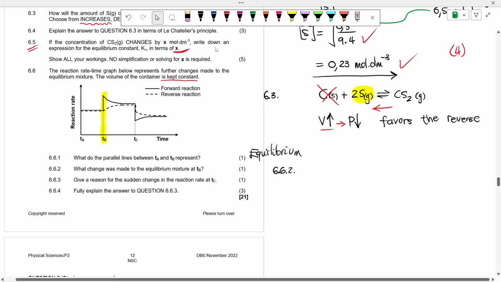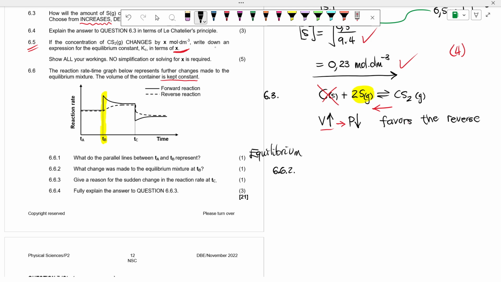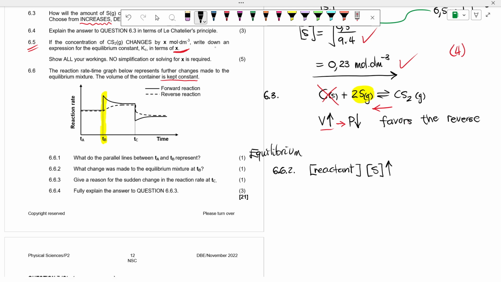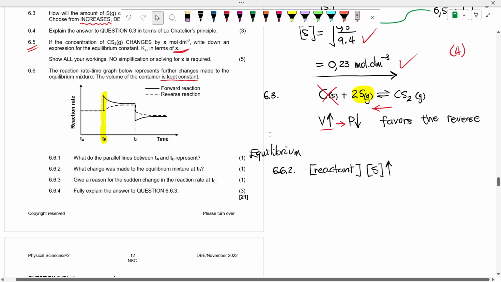So we're just going to say the concentration of the reactant, or you can specify which reactant. It's sulfur because only sulfur can go into equilibrium. The other reactant is a solid, which is copper, so it just acts as a catalyst for the reaction to proceed, but it doesn't do anything at equilibrium.